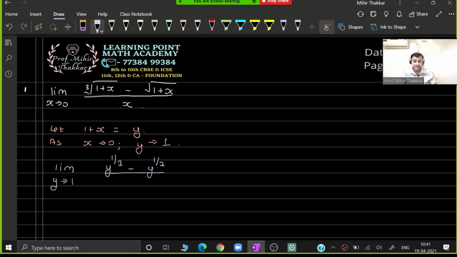I cannot write x over here because in one function I cannot have two variables x and y together. If you write this x, it will be a complete error, a big disaster. So in order to avoid that, from my substitution, I can say x is definitely equal to y minus 1. So in place of x, you can write y minus 1.